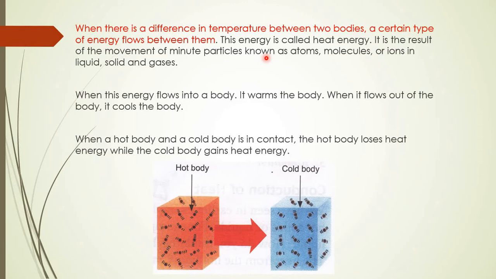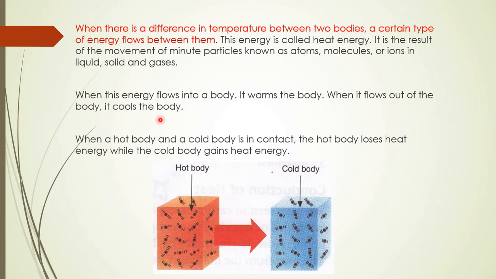Due to the movement of these atoms, molecules and ions in liquids, solids and gases, this energy flows from one body to the other, and it is termed heat energy. When this energy flows into a body, it warms the body. When it flows out of the body, it cools the body.